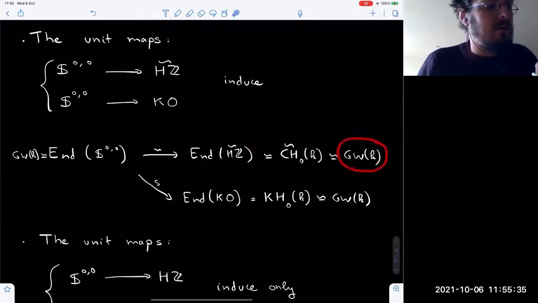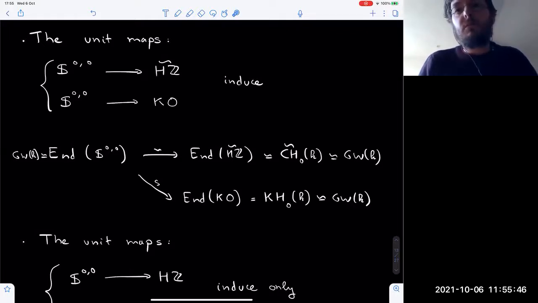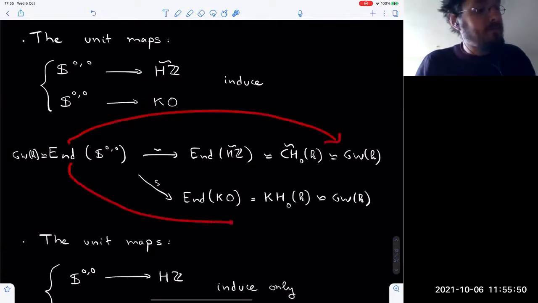So this is just the Grothendieck-Witt ring, and same for homotopy invariant Hermitian K-theory. One way to think about Morel's theorem is that it tells you that these unit maps are isomorphisms.